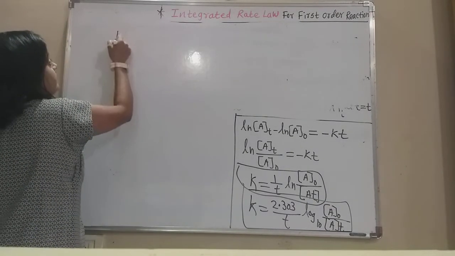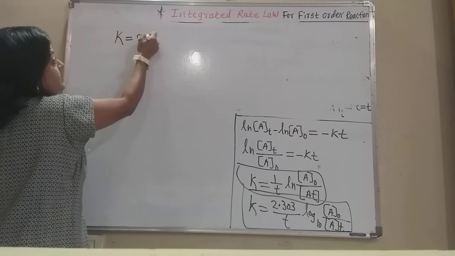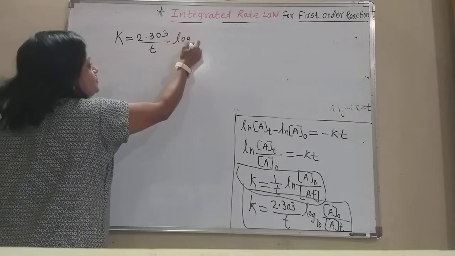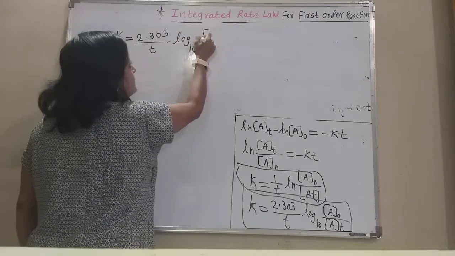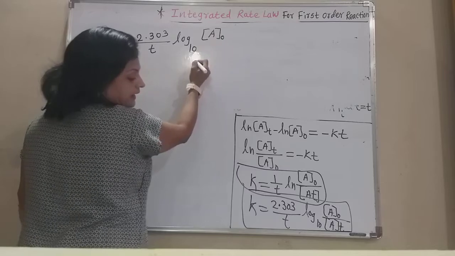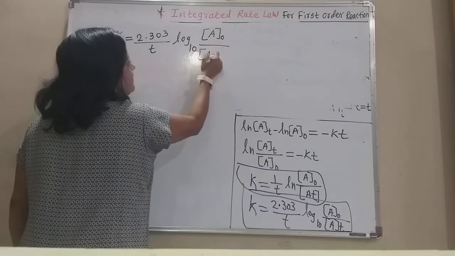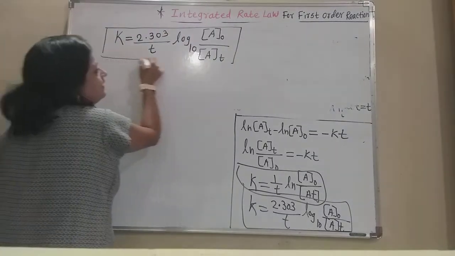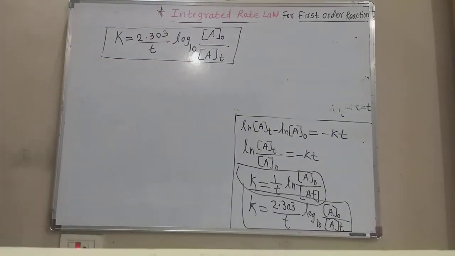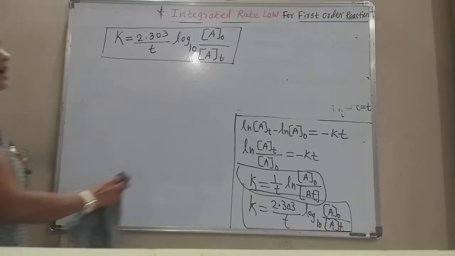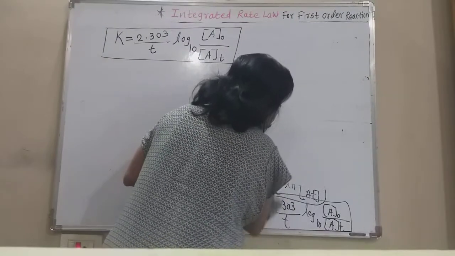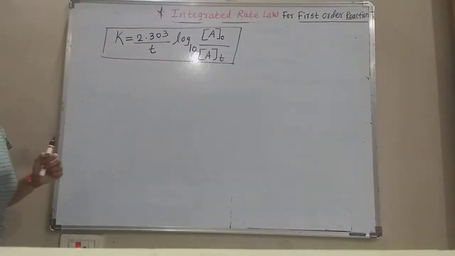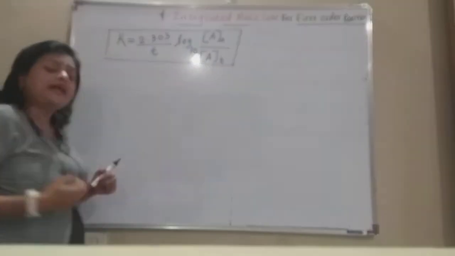Now see, k is equal to 2.303 upon t log to the base 10 of the initial concentration of A divided by the concentration at time t. Now this is the integrated rate law equation. This is a very important equation. There are always numericals on this formula, and they always give us the initial concentration and the concentration at time t.